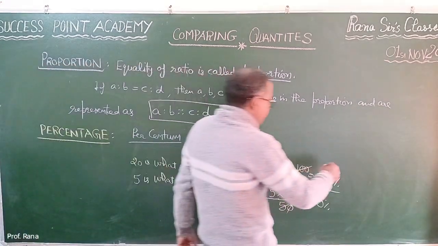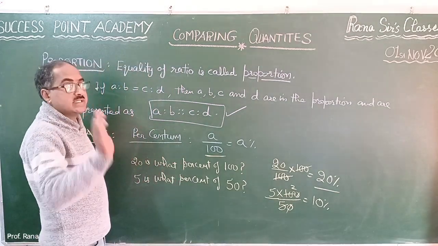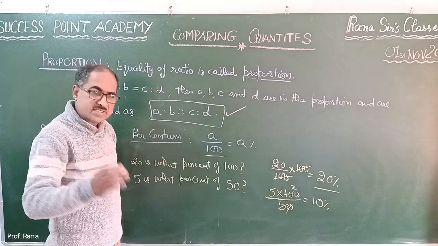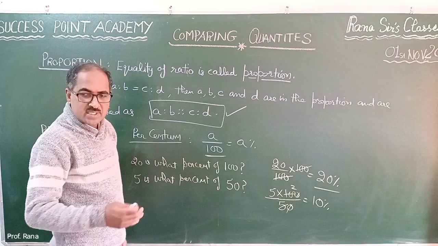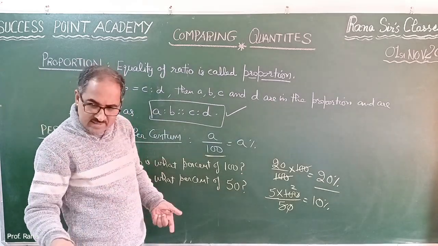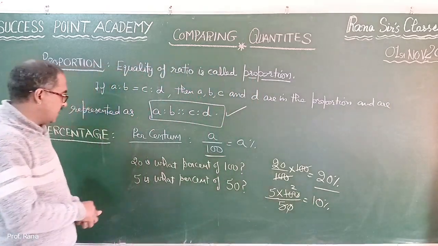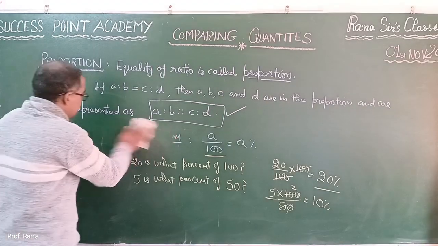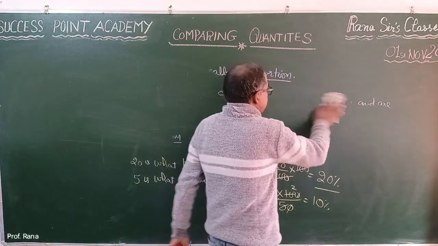How can you verify? 20 is 20% of 100, and 5 is out of 50. 5 tens are 50, 10 tens are 100, so it is 10%, right? You can verify it in this way. So this is percentage. Now we will do some questions related to these topics.